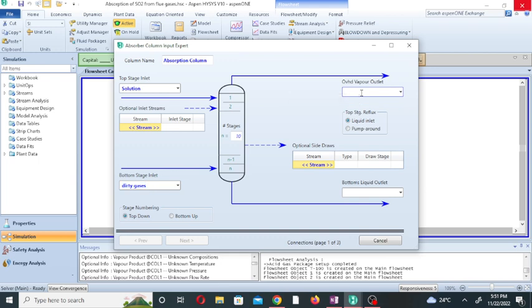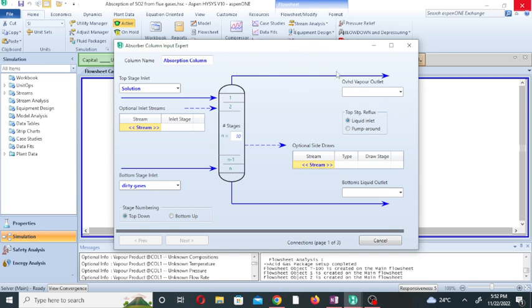And the overhead product. In the overhead product, these are the lean gases, and this is the dirty solution, which consists of a large amount of sulfur dioxide. The sulfur dioxide from this flue gases will be absorbed, and it will come out from the bottom of the absorption column. The lean gases will come out from the top.